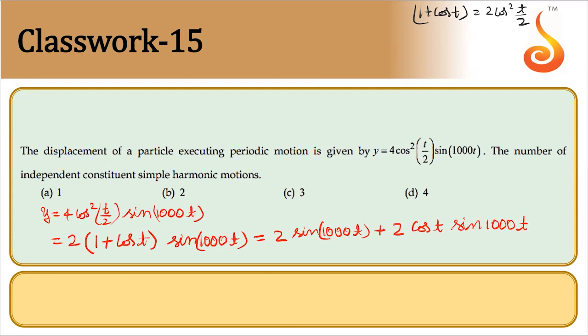So this is of the form 2 sin A cos B. So 2 sin A cos B can be written as sin of A plus B plus sin of A minus B. So it will be sin of 1000 plus 1, that is 1001 t, plus 1000 minus 1, 999, sin of 999 t.